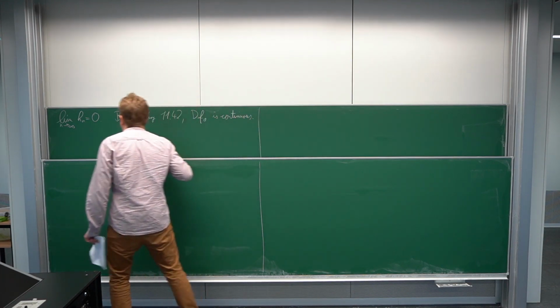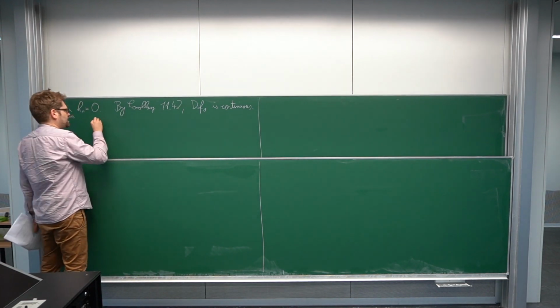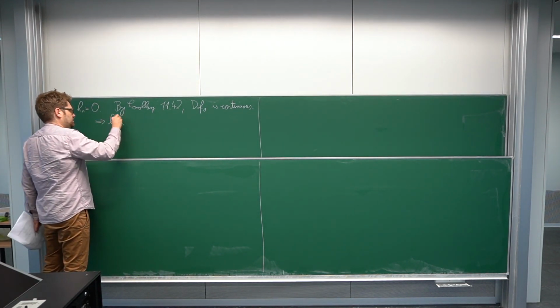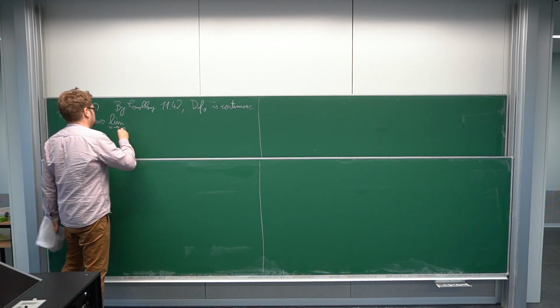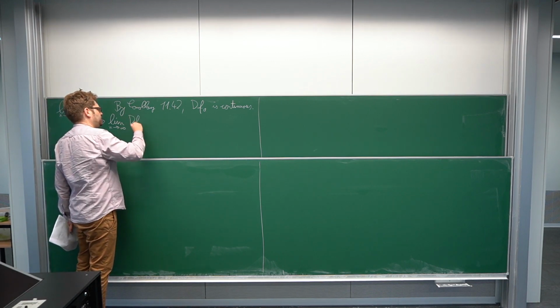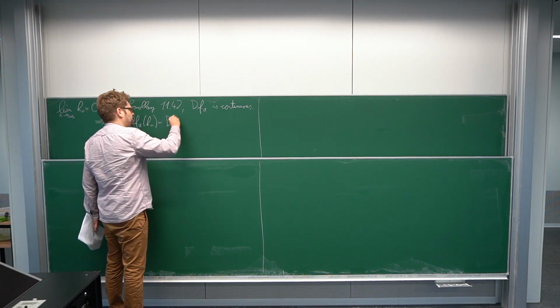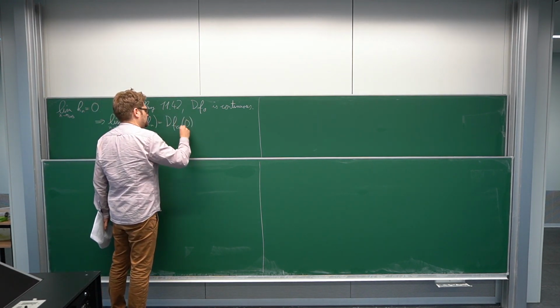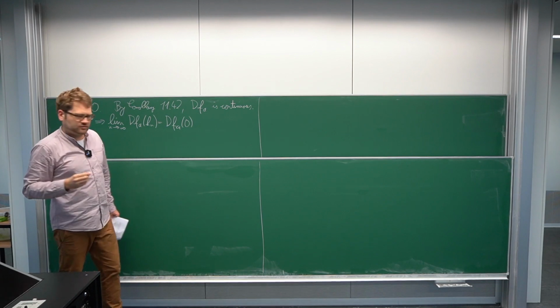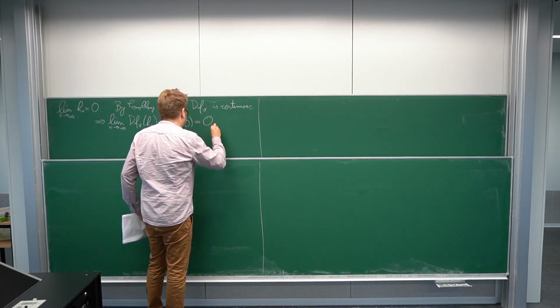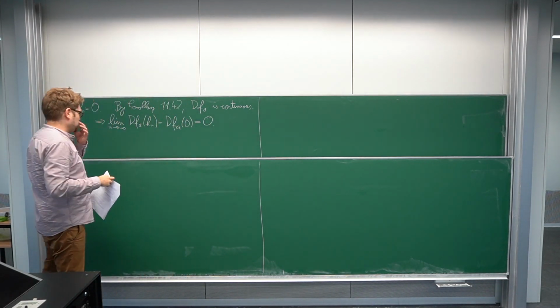But then, by sequential continuity applied to this linear map, it follows that the limit as n goes to infinity of dfa of hn must be dfa of 0. But as we know, linear maps at 0 are always 0. So we know this expression tends to 0.